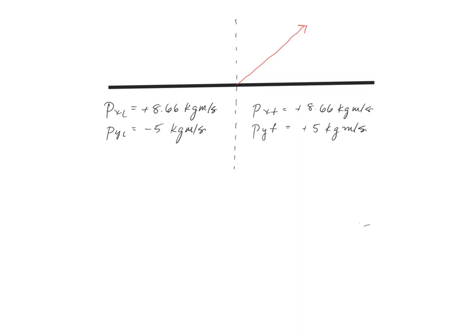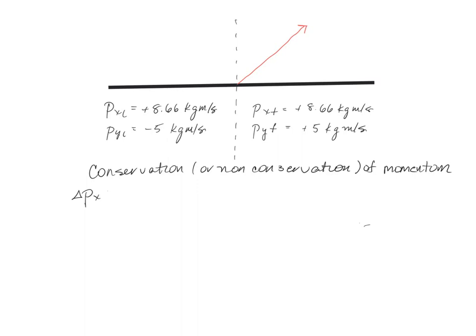Now we are in a position to apply conservation of momentum, or non-conservation, which we will see, of momentum. And we need to do this separately in the x direction and the y direction. So first let's do delta px.